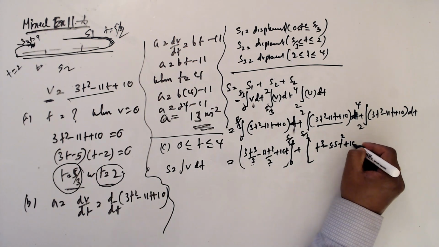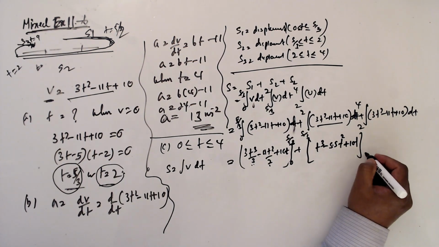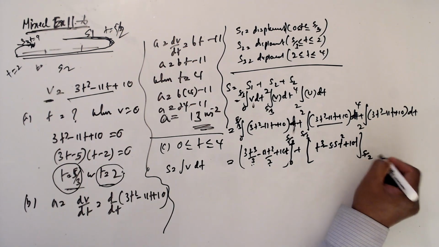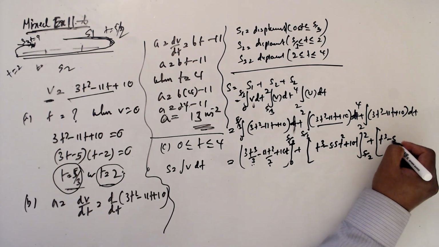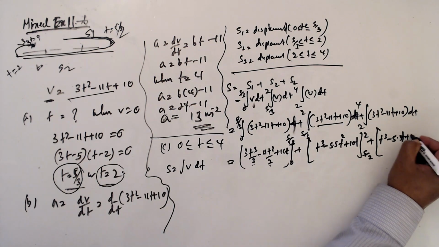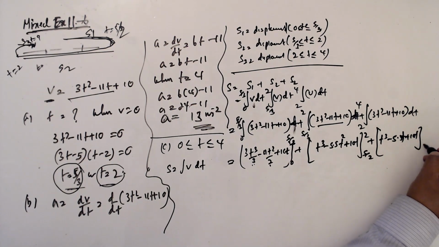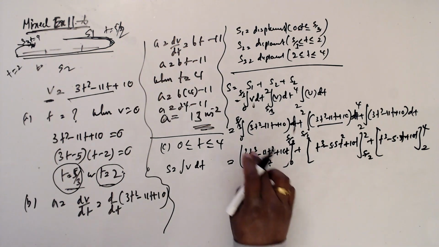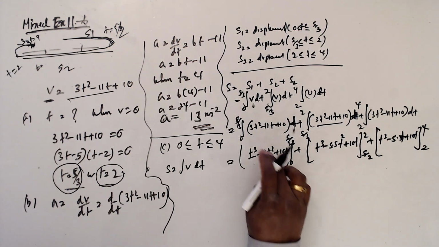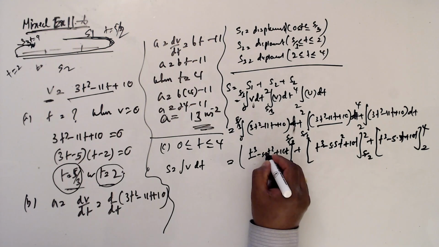This is 5 by 3 to 2, and then t cube minus 5.5t square plus 10t, that is again 2 to 4. So I will write 3 by 3 is 1, and 11 divided by 2 is 5.5.